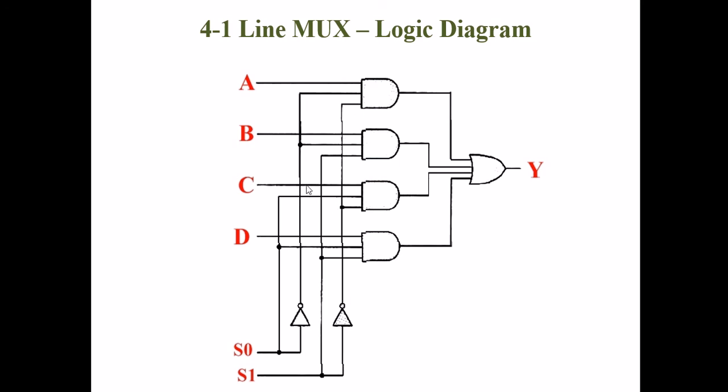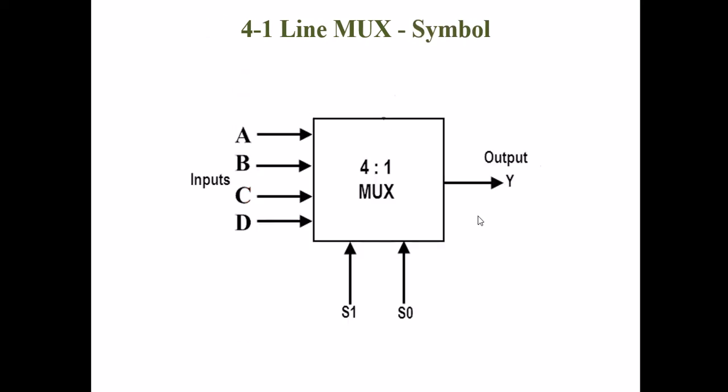For B, S0 complement is attached to the AND gate of B, and S1 is attached to the AND gate of B. And for the case of C, S0 is attached to the AND gate, and S1 complement is attached to C. And for the case of D, S0 and S1 are attached to the AND gate of D, and we will get the output from the OR gate.